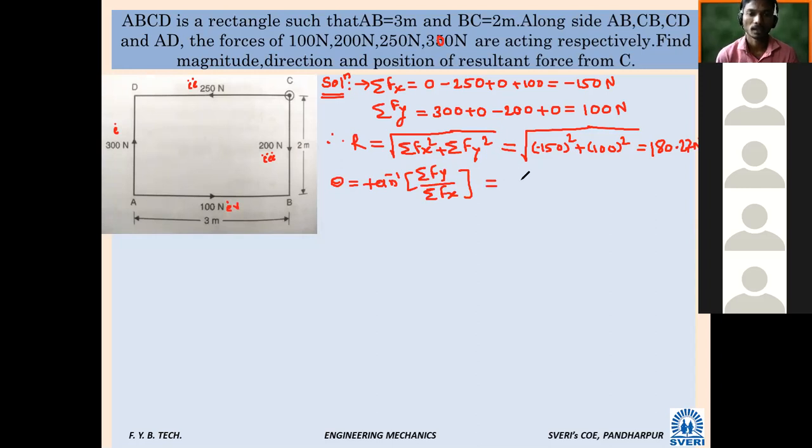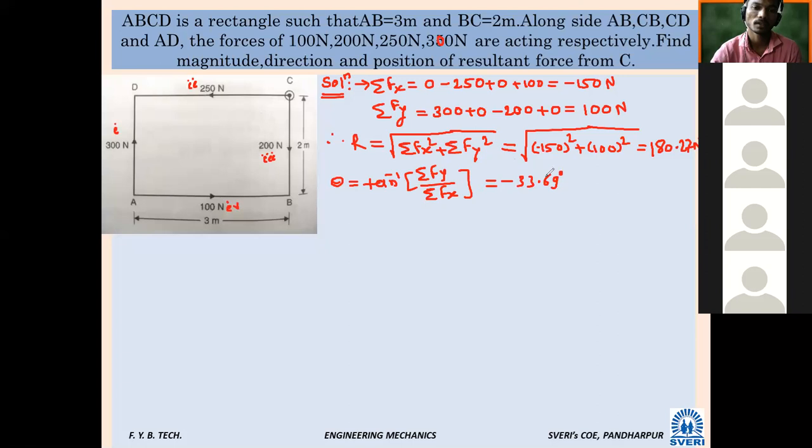Calculate tan inverse of this. Minus 33.69. Yes, sir. Correct.